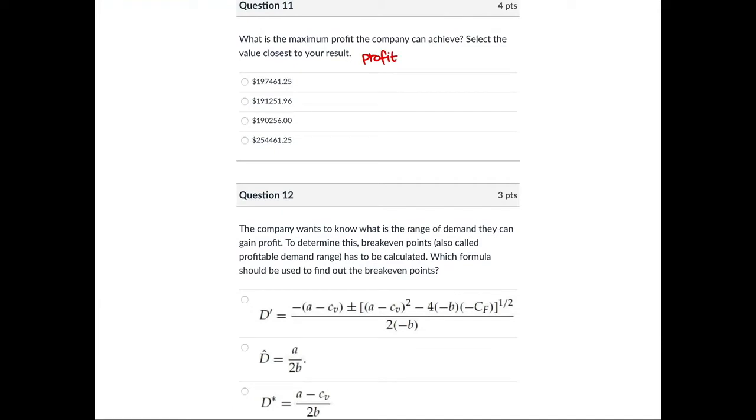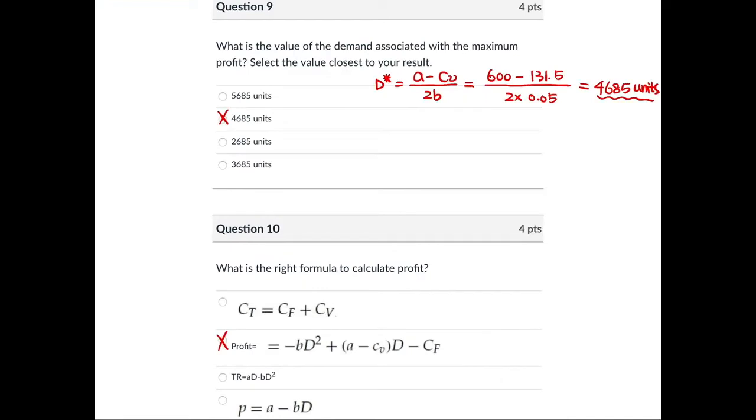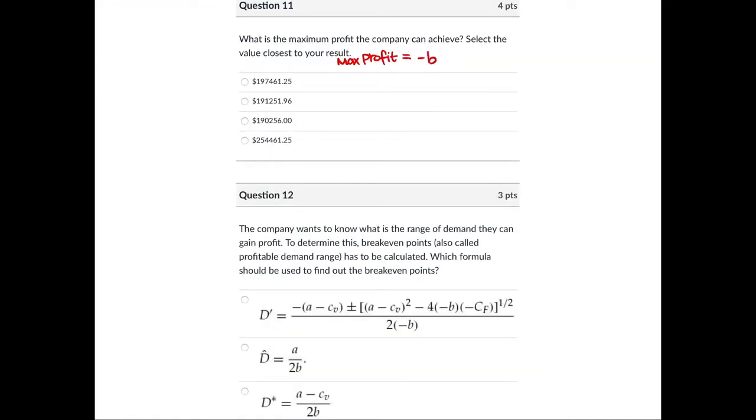So your profit, if we want to have maximum profit, you're going to use minus B D, but you want to use the D star to the power of 2, and plus A minus C lowercase v times the D star. Just replace the D with the D star, and minus C capital F. Then you just replace these letters with the values.